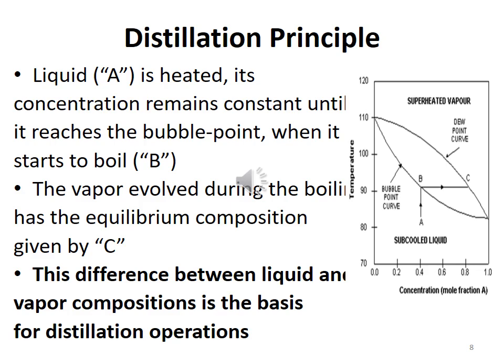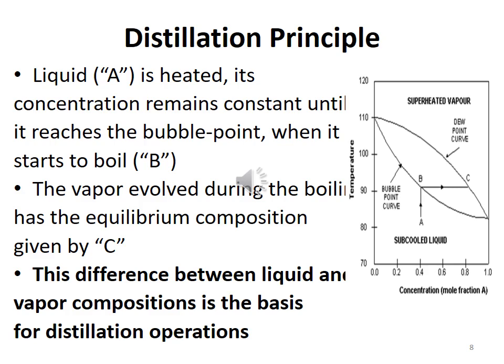Here three points are very important: A, B and C. Point A is designated to the liquid when it is heated, and the liquid state and its concentration remain the same until this liquid reaches the bubble point. After that, some of the components in the mixture go into the vapor state, and the B state represents the components of the mixture that turn into vapors.